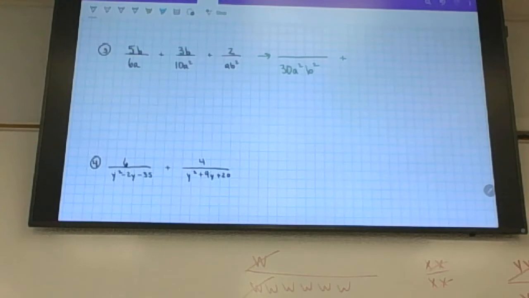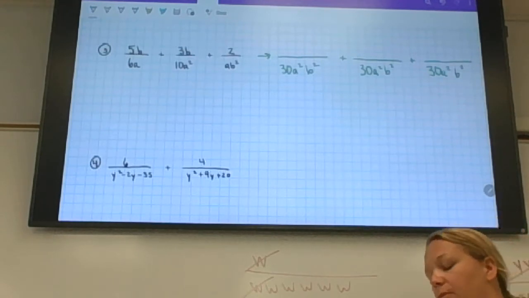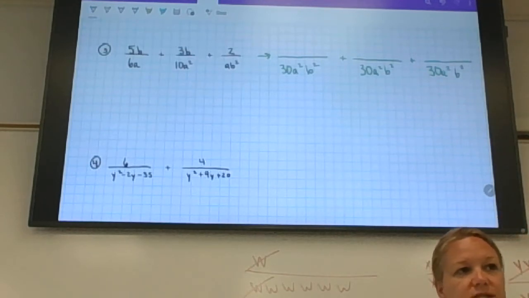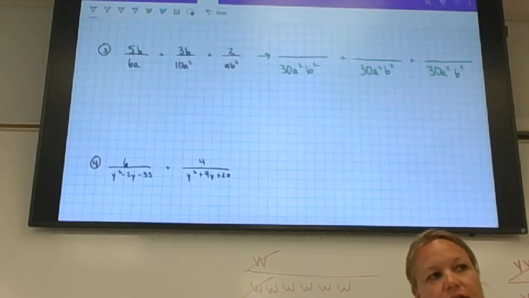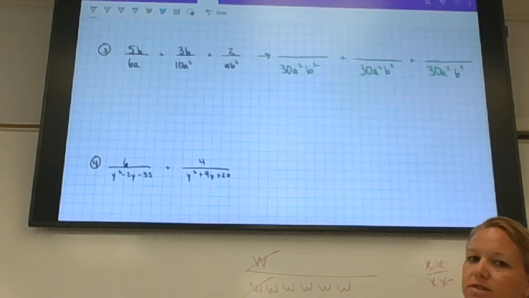Anybody? If you pick 60, that's okay. You can still get to the right answer with 60. But since 6 and 10 can both go into 30, 30 would be the least common multiple, but you can pick 60.